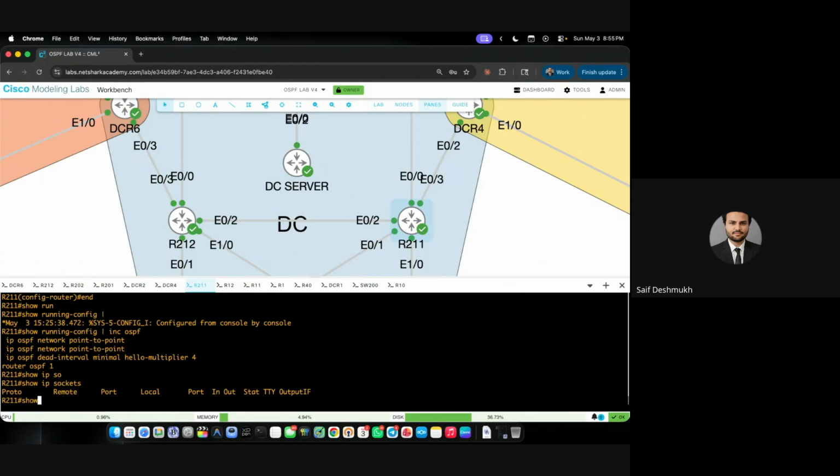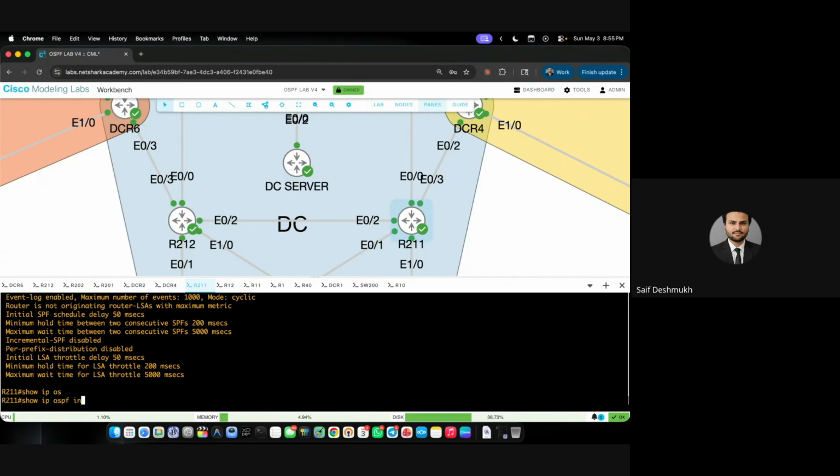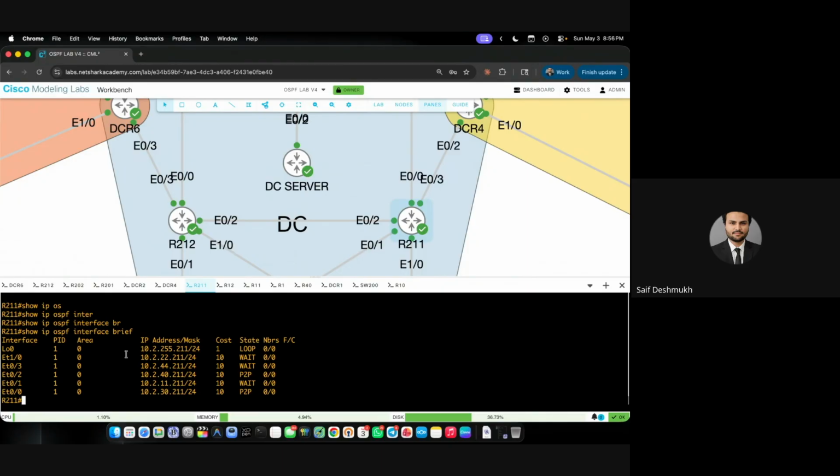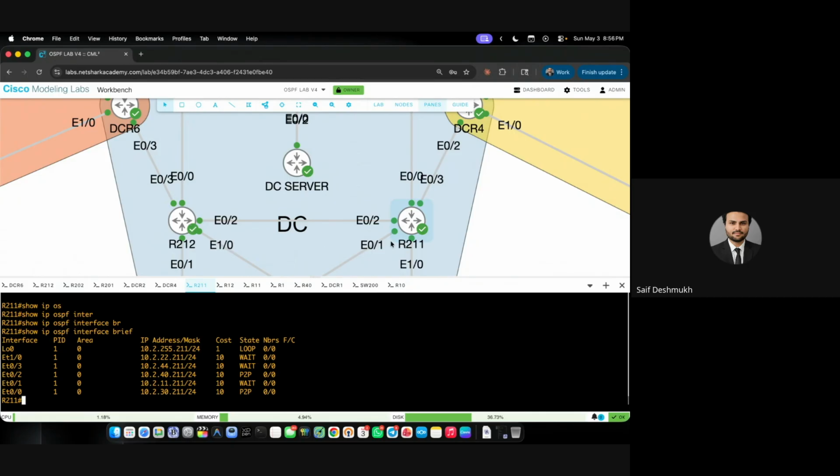Show ip ospf. OSPF is enabled. Show ip ospf interface brief. Because of the command, we have enabled OSPF everywhere. That is fine for 211 because we are not facing any interface on other areas.